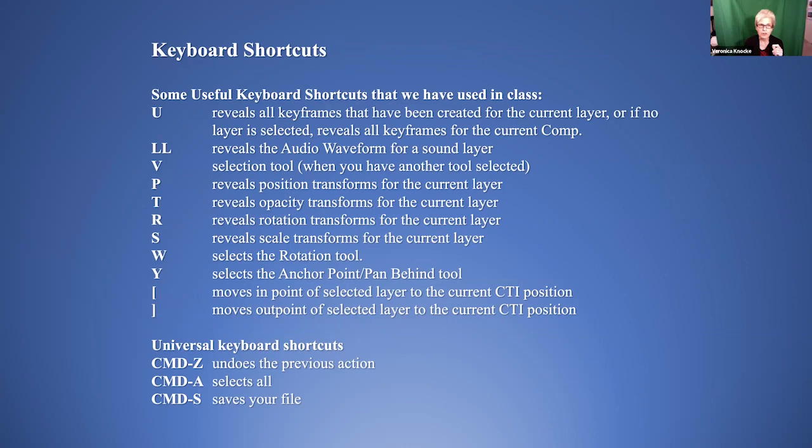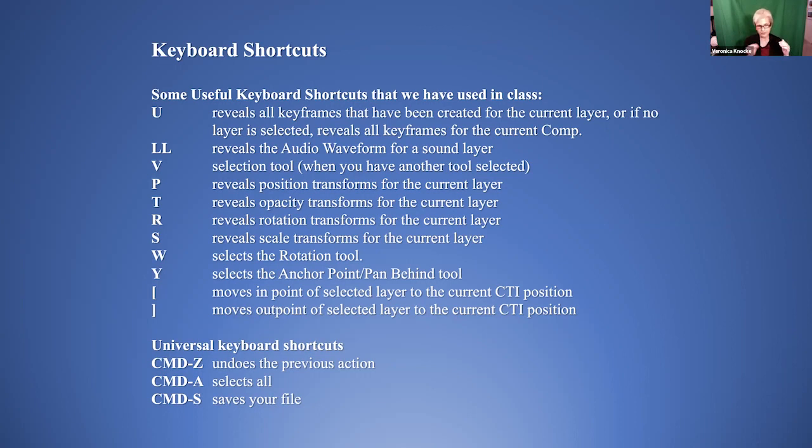LL, when you have a sound layer selected, LL reveals the audio waveform for the sound layer. V, when you have any tool that is not the selection tool and you press V, it will give you the selection tool. So it just changes the tool to the selection tool.